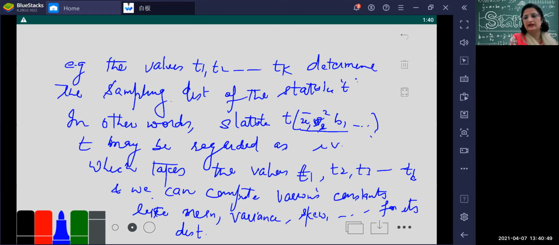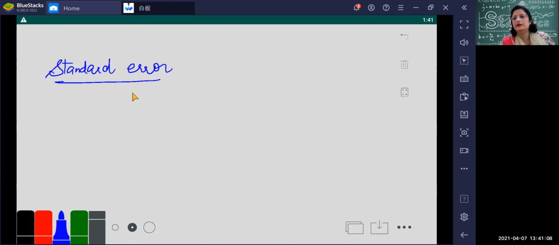So, the set of values that the random variable T will take will constitute the distribution of that statistic. Now, next is the standard error. In general, you have univariate data and we can find the standard deviation from that data. So when we find the standard deviation of the sampling distribution of a statistic, then that standard deviation is called the standard error.